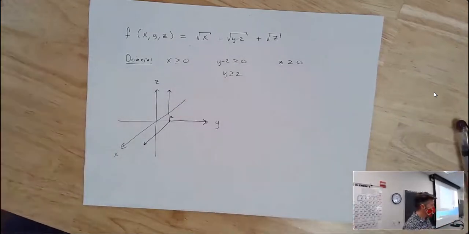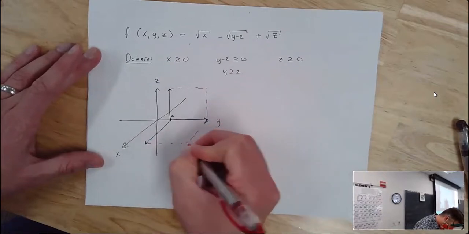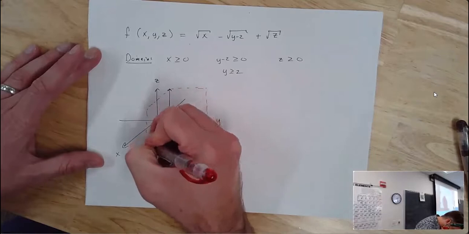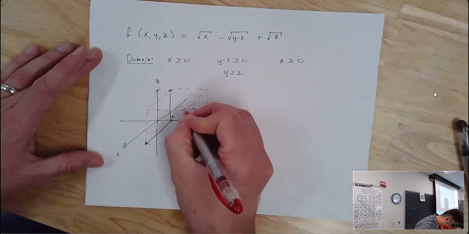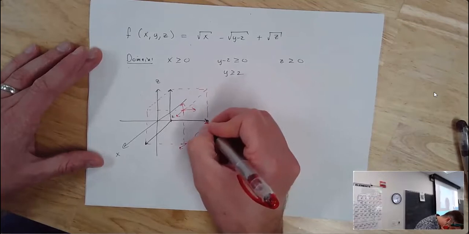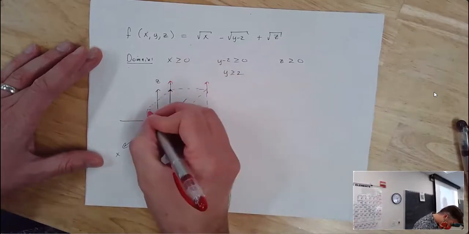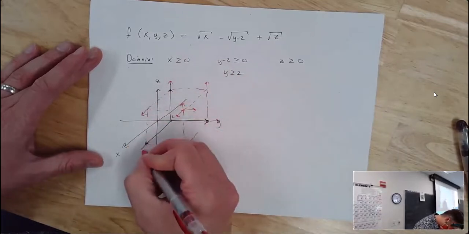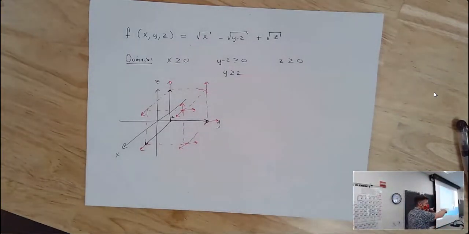There's not really a good way to draw this because you're just trying to draw a block of space, but you're limited to this octant or eighth of space where things keep going out in each of these directions. So things keep going up and forward and to the right, but not back and not down, and not to the left.